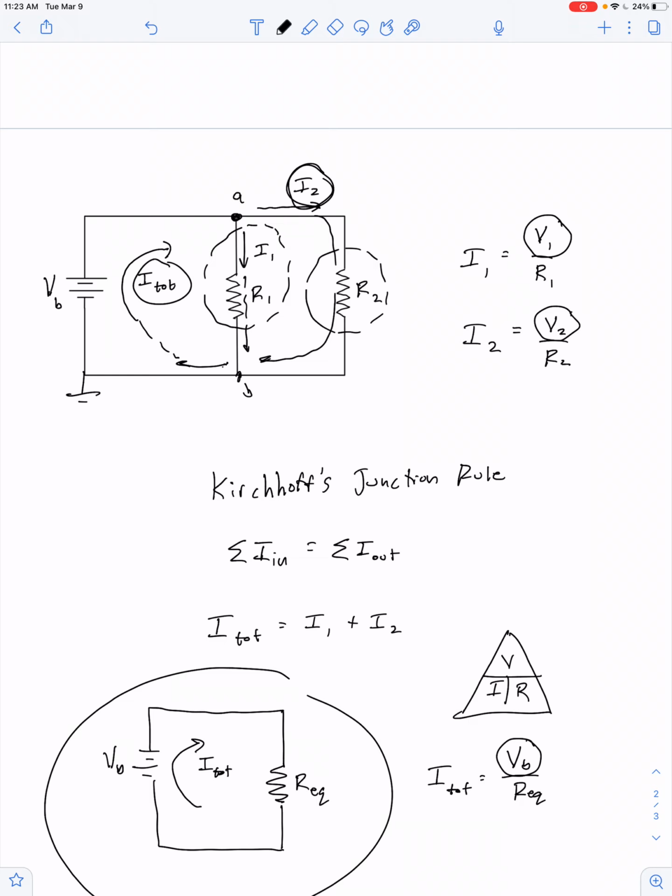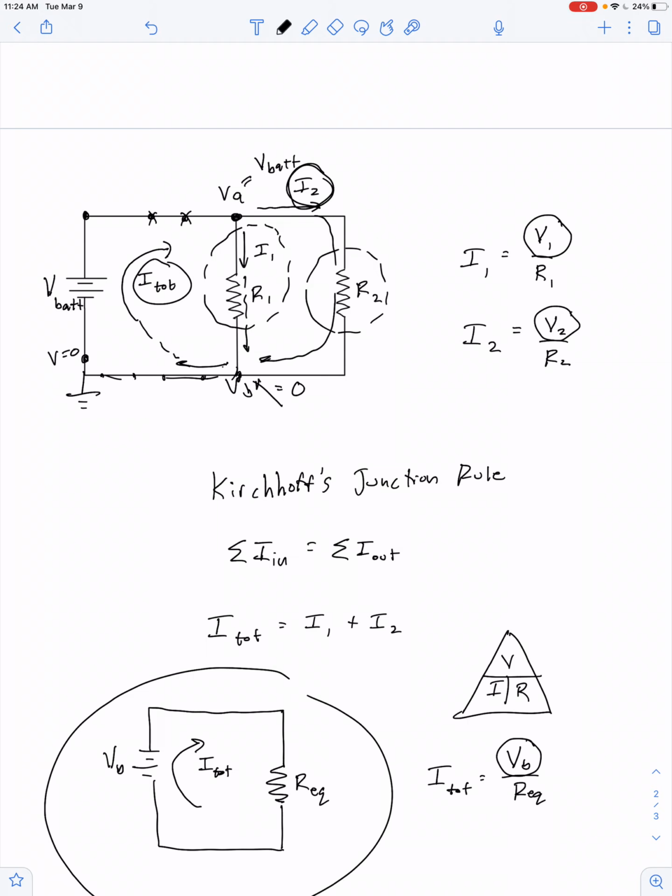Let's draw our symbol for ground. So we know the electric potential right here is equal to 0. The electric potential here is the same thing as the voltage of the battery, and that's the electric potential at this point. In fact, the electric potential at point A has to equal the voltage of the battery, and the electric potential at point B has to equal 0, because there's just bare wire making the connection to ground.